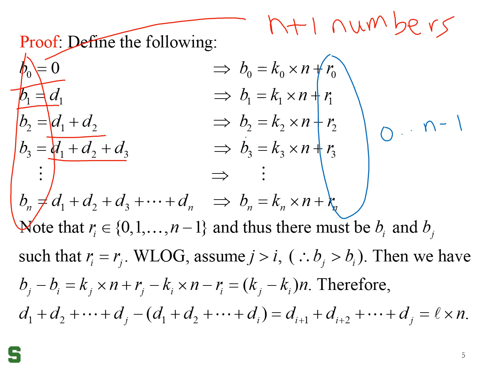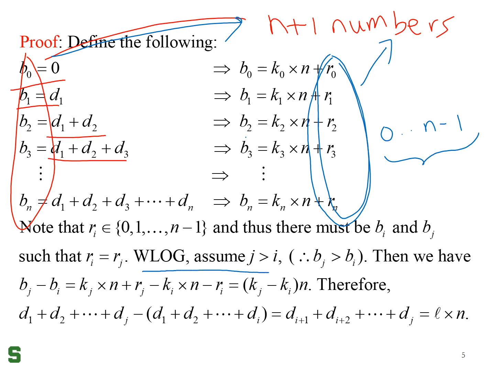However, there are a total of n plus 1 numbers in here because I started with n plus 1 numbers. I got a remainder for each one of them by dividing by n, and that means the total number of things that I have here is n plus 1, but the total choices that I have is only n. That means some number somewhere has to repeat.